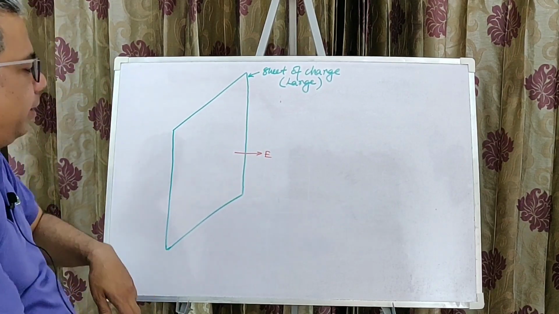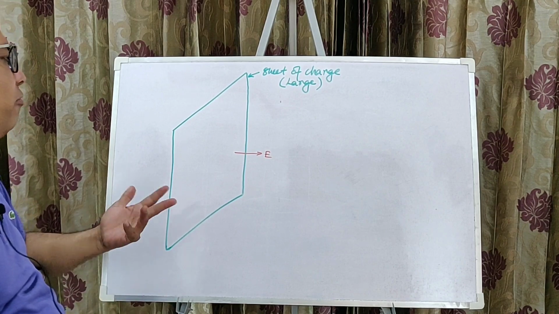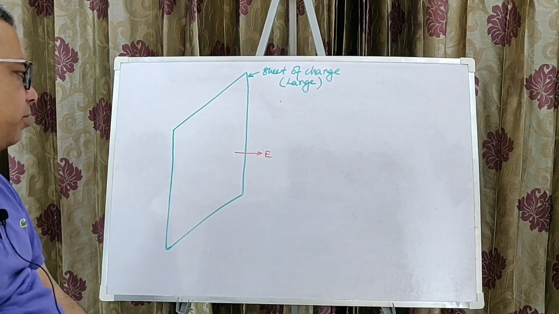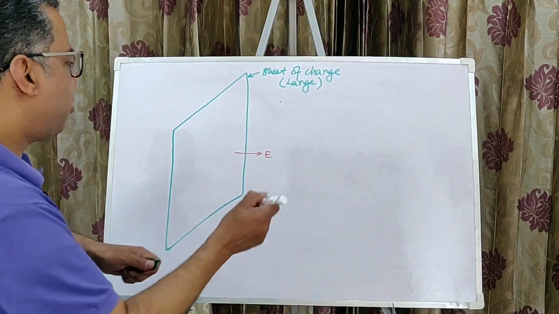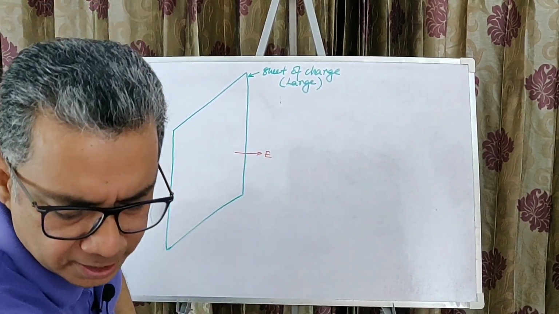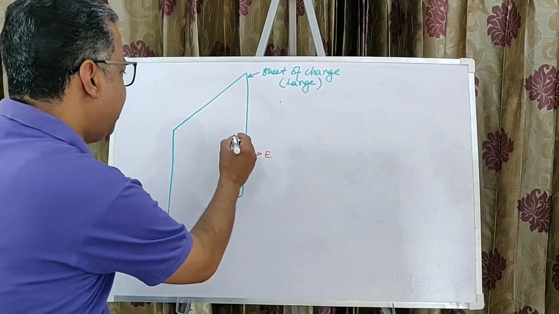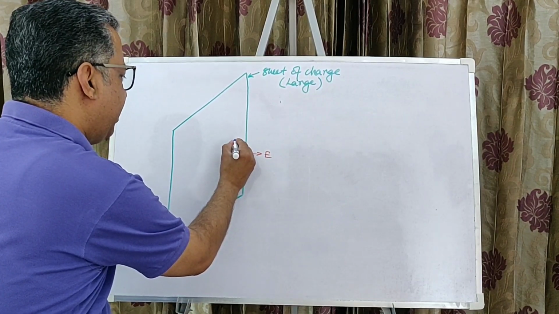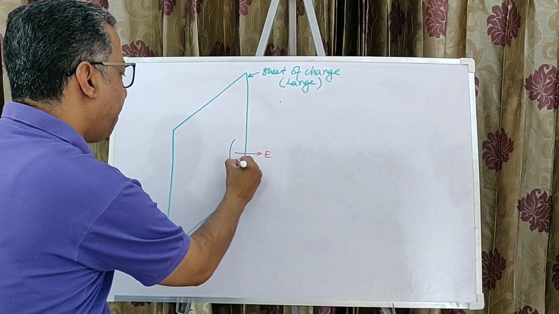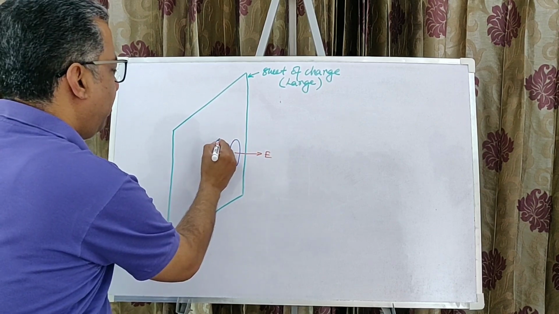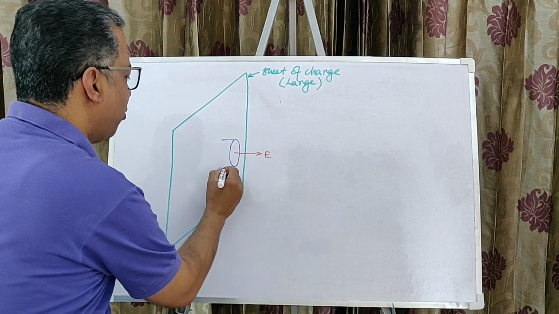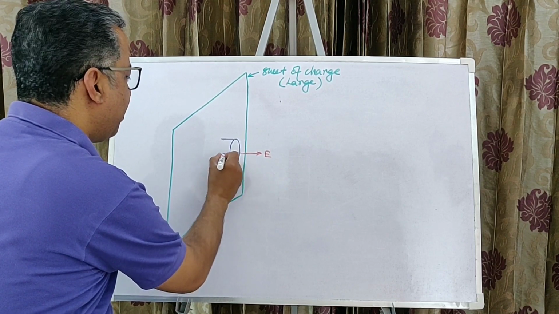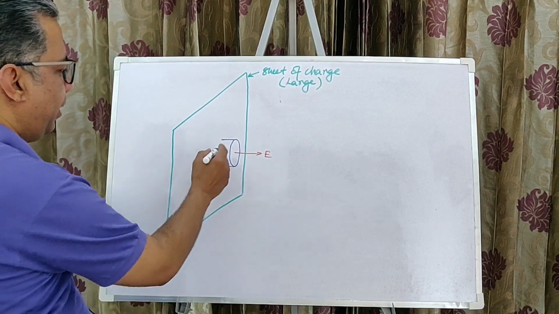Now, we have to think of an appropriate Gaussian surface. The Gaussian surface that we're going to consider here is a cylindrical one, but this time the cylindrical Gaussian surface that I'm drawing has a horizontal axis like this.